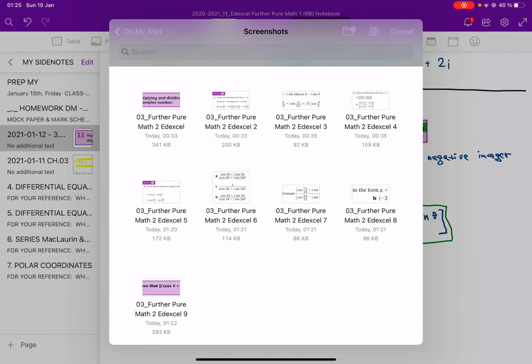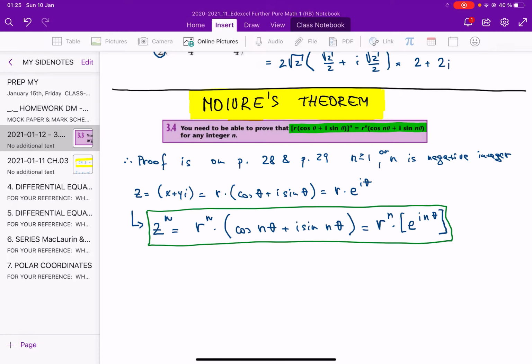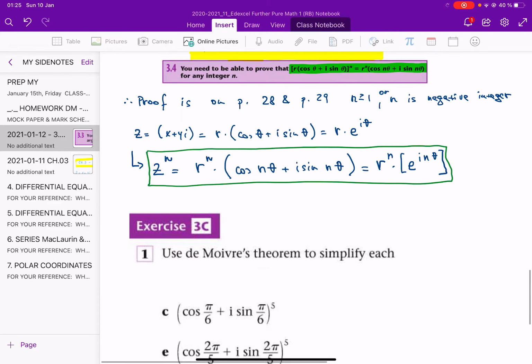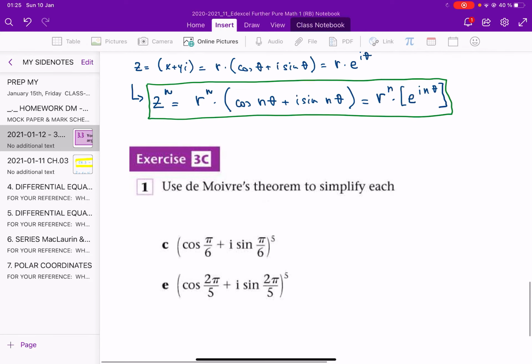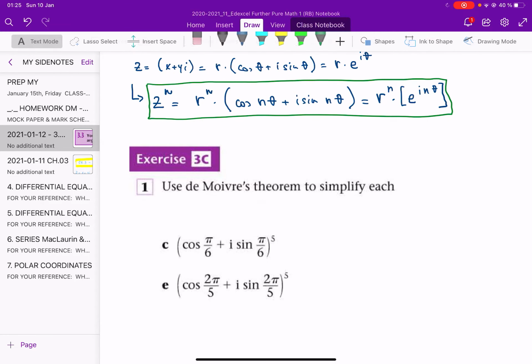Okay, so question 1. So what we're going to do here, again, look at the argument. The argument here is pi over 6, and the modulus is 1 in both cases. What is good?